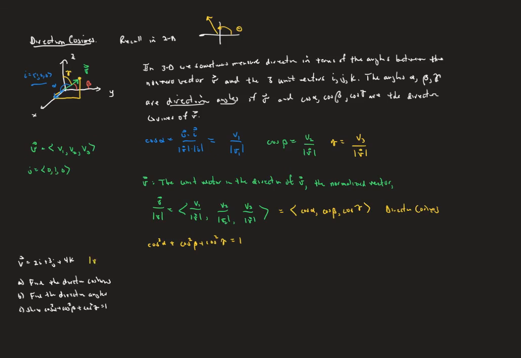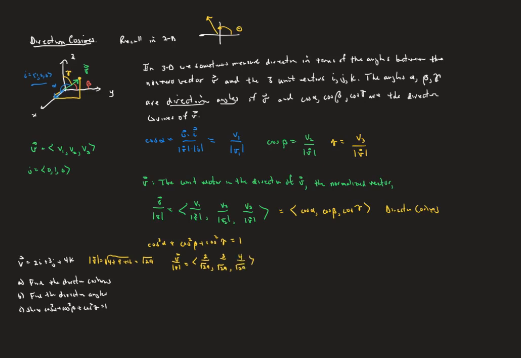So we're going to find the magnitude of v, and so we're going to get 2 squared is 4, 3 squared is 9, 4 squared is 16, and then we'll take the square root of that. So that's 29, so the square root of 29 is the magnitude. If we now normalize v, so we look at vector v divided by its magnitude, so we create a unit vector in the direction of v, then that's going to be 2 over the square root of 29, 3 over the square root of 29, and 4 over the square root of 29.